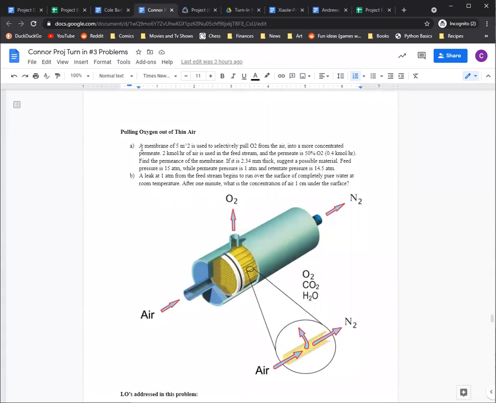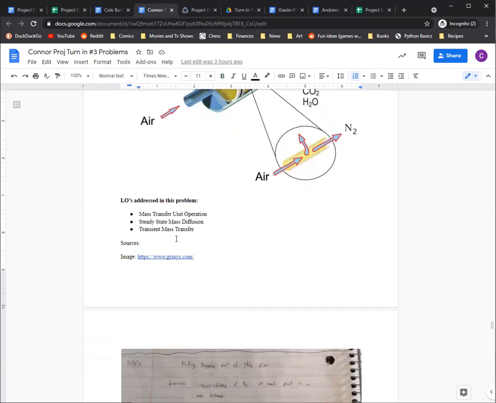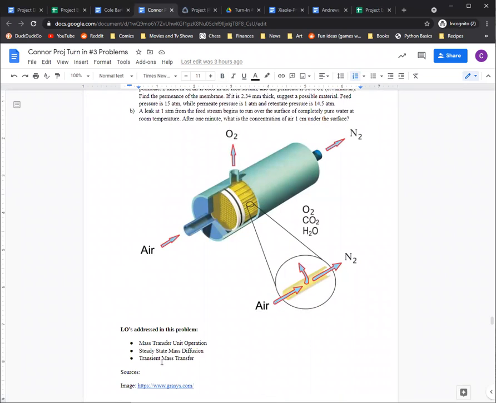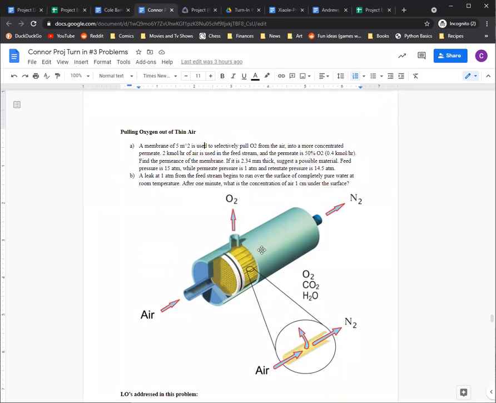Anyways, continuing on, pulling oxygen out of thin air. So this is just my membrane and mass transfer problem. So basically you've got air going in, obviously not pure oxygen. In this case, it's 50% O2.